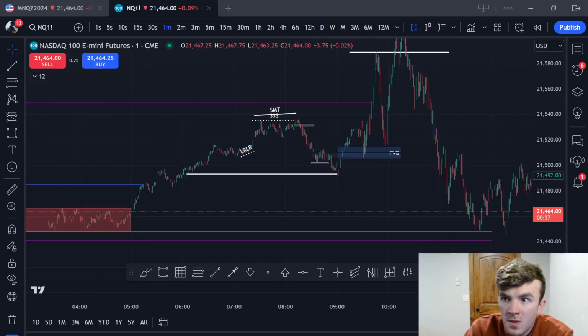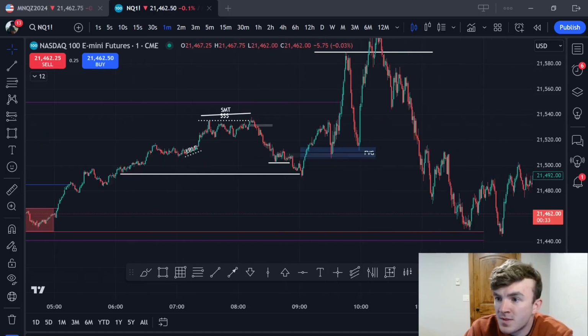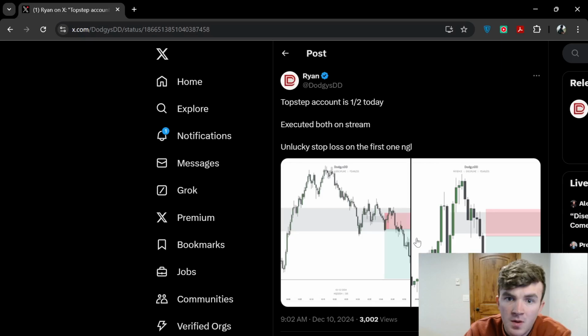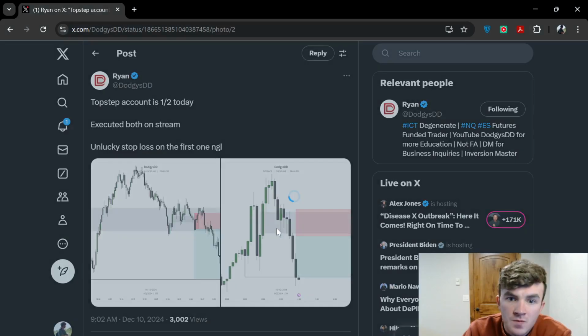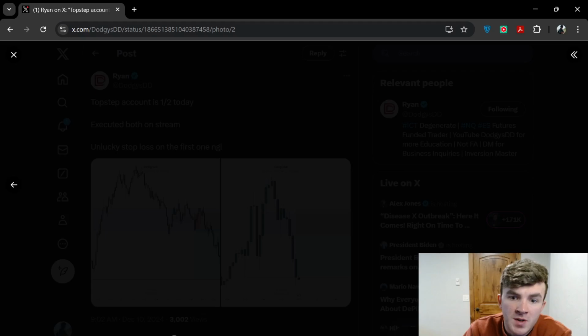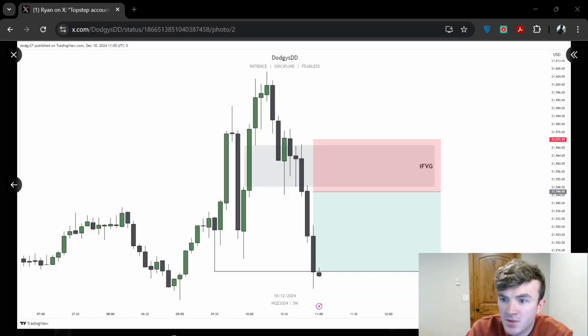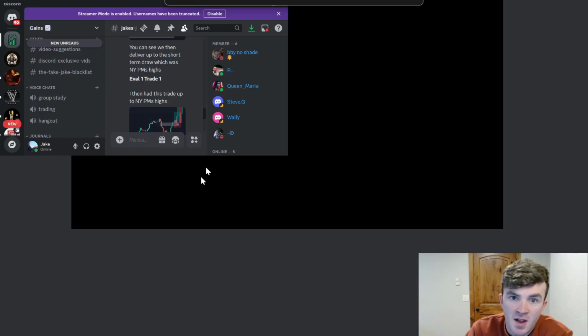Then we got trades from Dodgy here. Dodgy talks about there were 2 trades on the Top Step account. You got this one, which actually Harry took as well in the Discord, so let's talk about that. Here we have the trade from Harry.